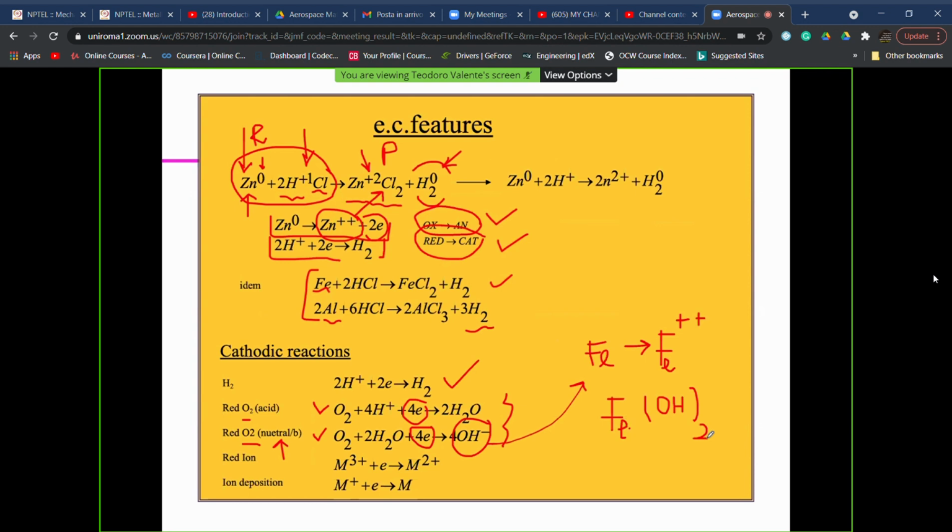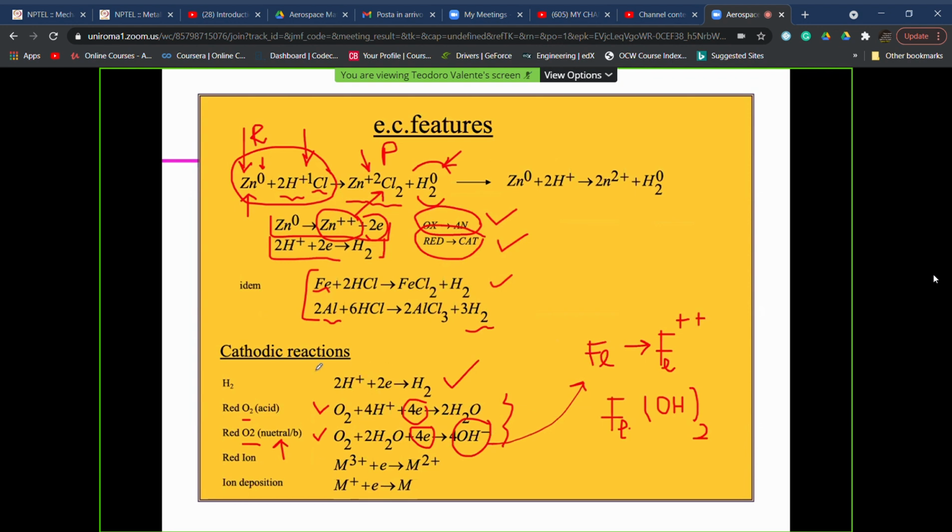And this is iron hydroxide, which when it is hydrated, that is, combined, complexed with water, gives rise to the corrosion product that we know, which is called rust.